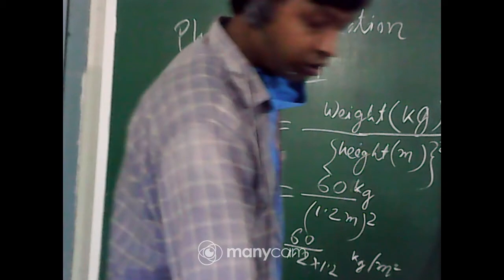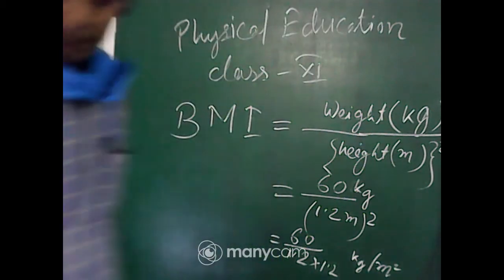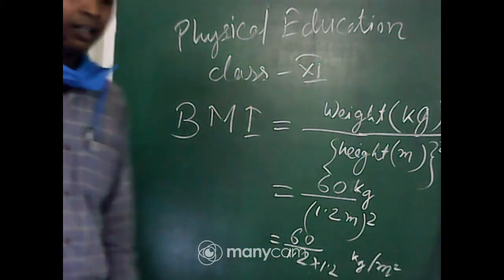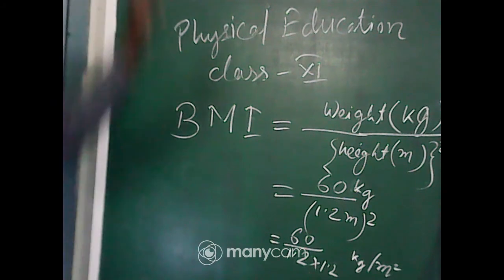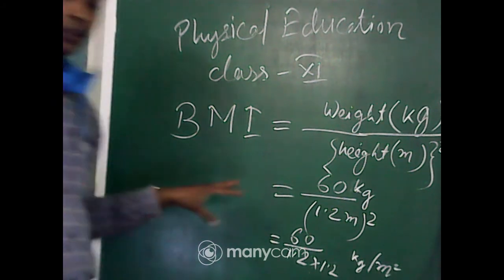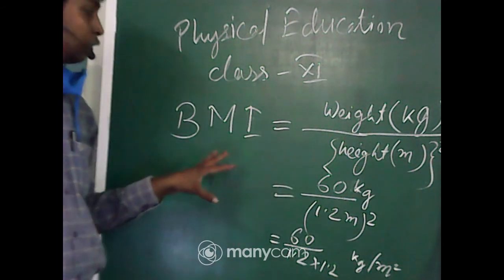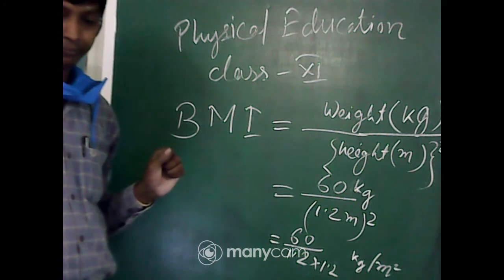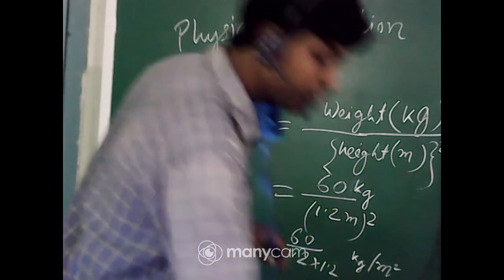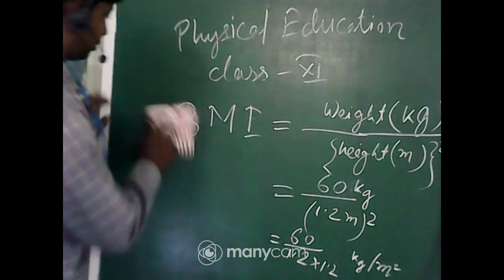Now the question is, if we get the result, then how will we consider him or her, in which category he or she belongs. Now the categories are, there are 5 categories.